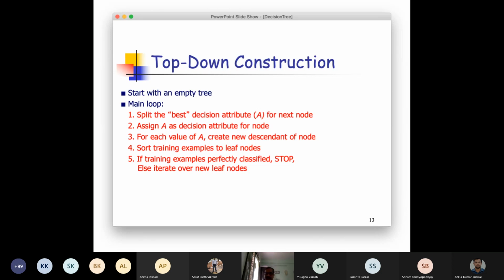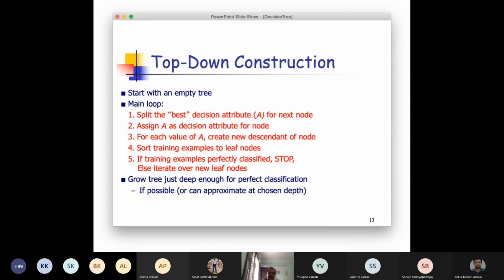There are graded values of that attribute. It is not that every value of the attribute is the same. So in those situations, you have to consider repetition, again whether those attribute values are going to be checked or not. I hope now it should be clear, and with respect to examples, we can further elaborate. So grow the tree just deep enough for perfect classification.